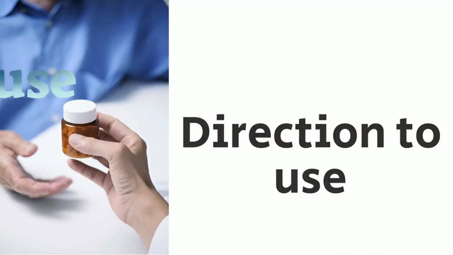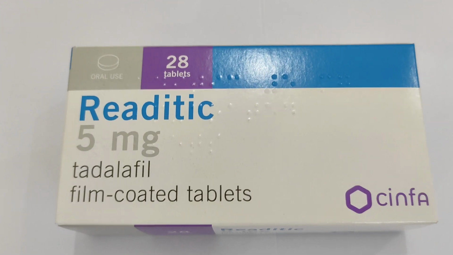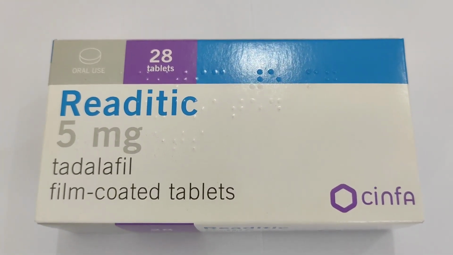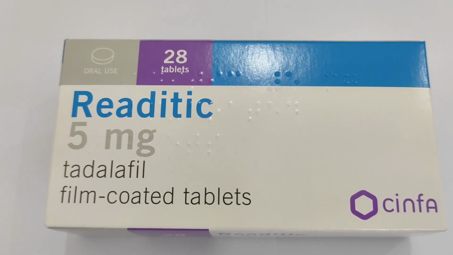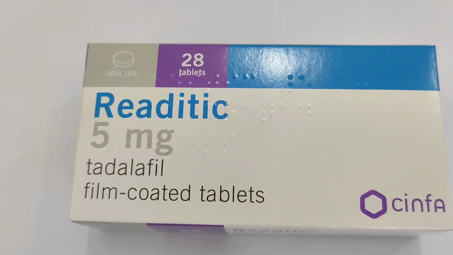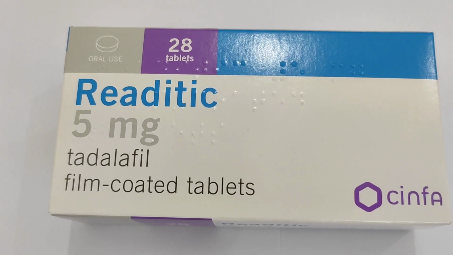Now I am going to tell you the uses and direction to use of this medication. How to use this medication is available on your screen. Readitic is 5 mg. It's manufactured by Sinpha Pharmaceutical. It comes with 28 tablets. The direction to use and indication I have mentioned previously.